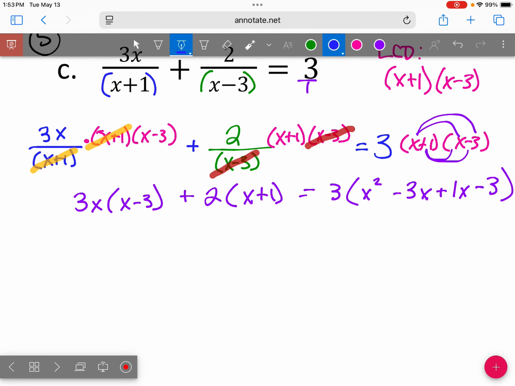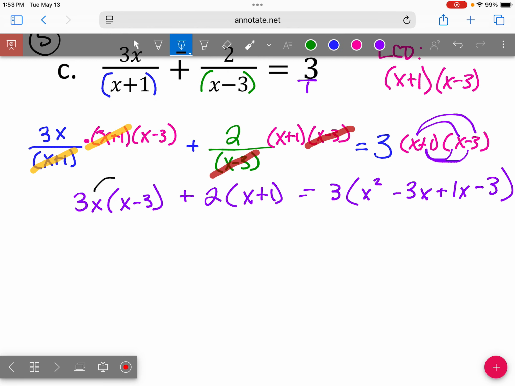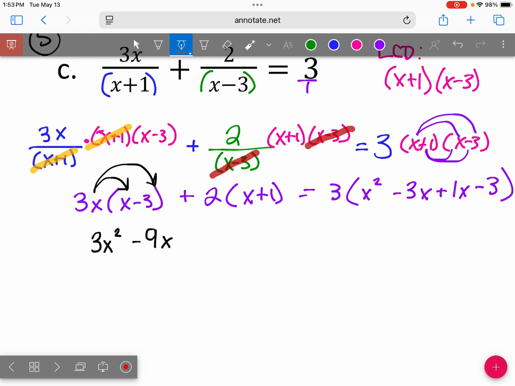But when we do this, and when I start multiplying out on the left-hand side as well, we're going to have our 3x times x giving us 3x squared. 3x times minus 3 gives us minus 9x. Then we have our 2 times x giving us a plus 2x. 2 times 1 giving us 2.